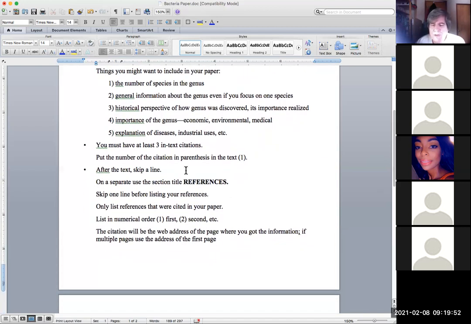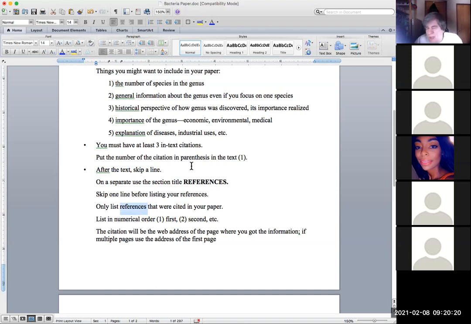So after you finish with the text, skip a line, and then you're going to have a section titled References. And notice it will be in bold font. That's why it's boldface here. And then you skip a line, and notice one of the things that I'm sure you've heard in English classes, but you're only going to list references that you cited in your paper.